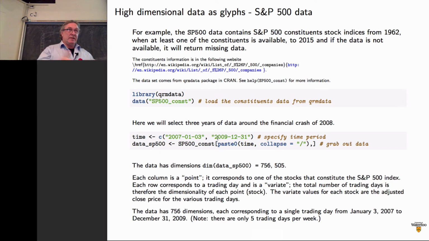So every point is in that big a dimensional space, and each point is a different company. Their position is determined by what the closing price was on each day of those several years. Okay, does that make sense? So this data has 756 dimensions. And we've got several stocks. Not quite 500, but close, because we only look at the ones that are complete over the time period.